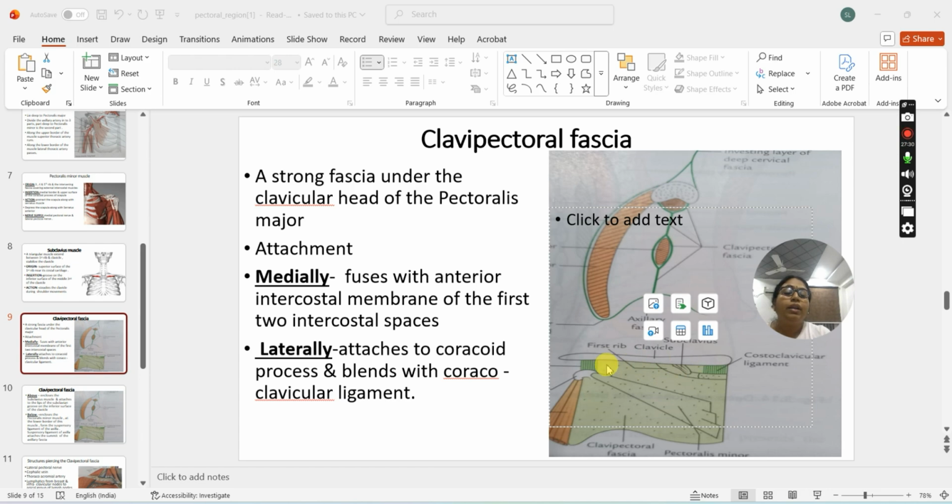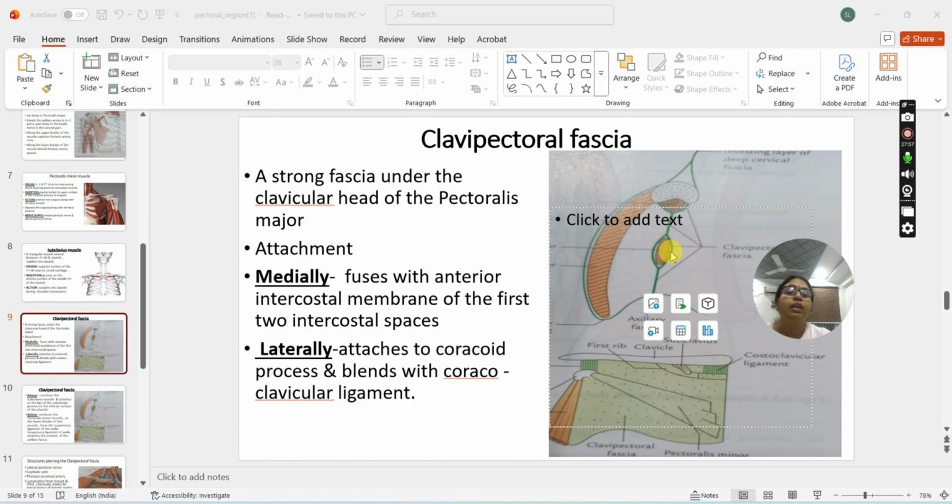Below the clavicle, it splits to enclose the subclavius within it. It gives an envelope for the subclavius, and the two lips of the envelope are attached to the lip of the subclavian groove, which is nothing but the groove on the undersurface of the clavicle. Okay.